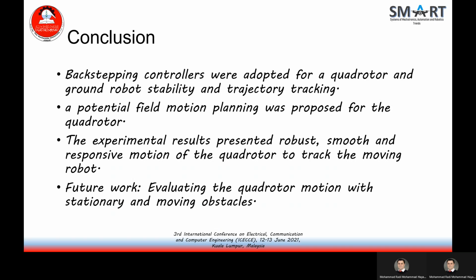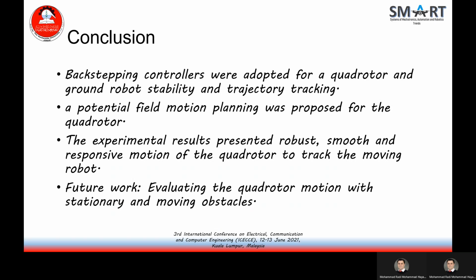The potential approach was generating an attractive force that was pulling the quadrotor effectively toward a moving or stationary target. The experimental results presented a robust, smooth, and responsive motion of the quadrotor to track the moving robot.